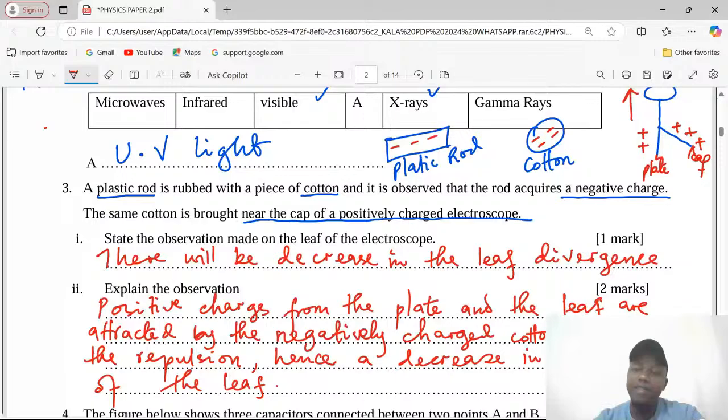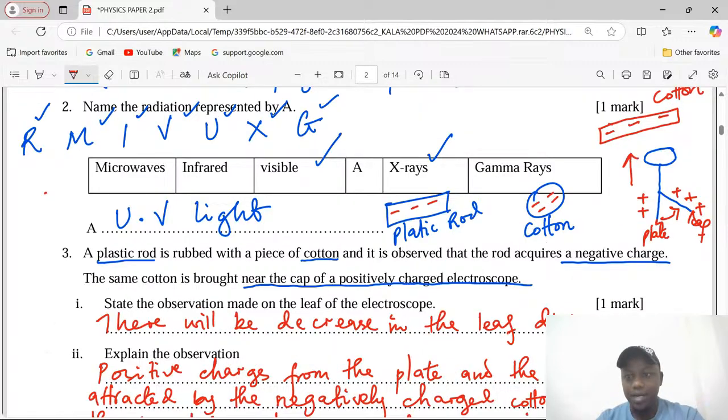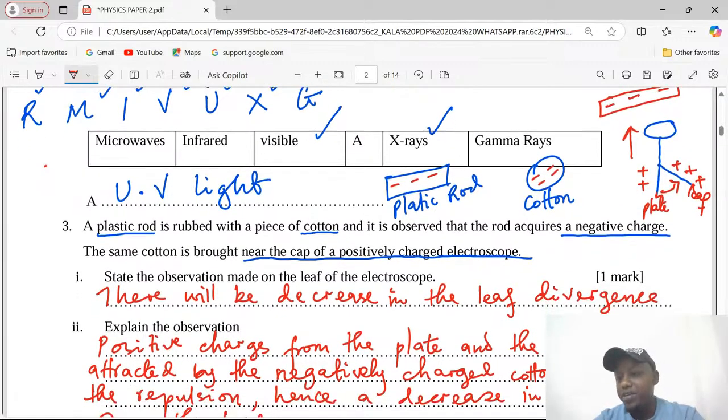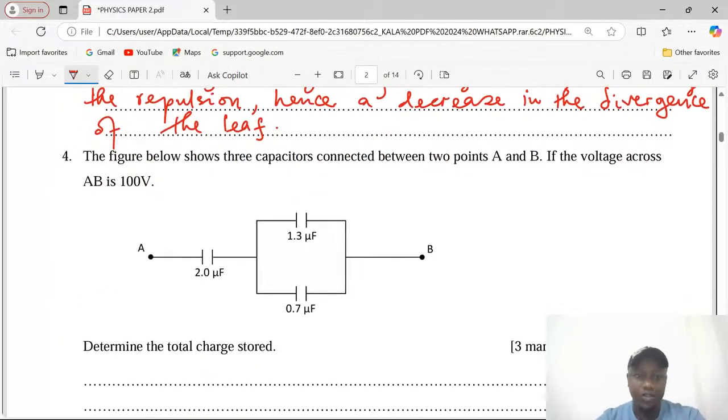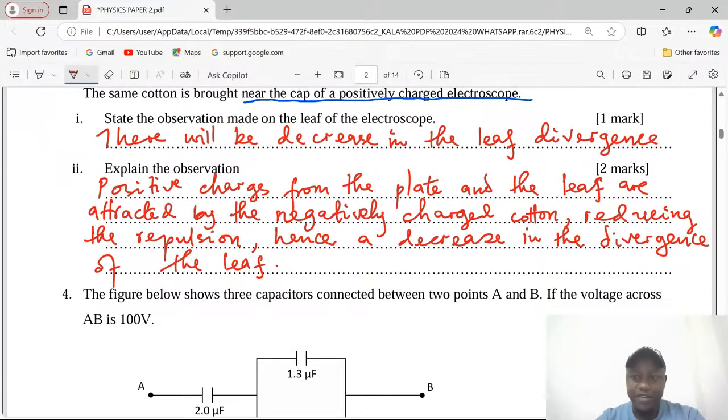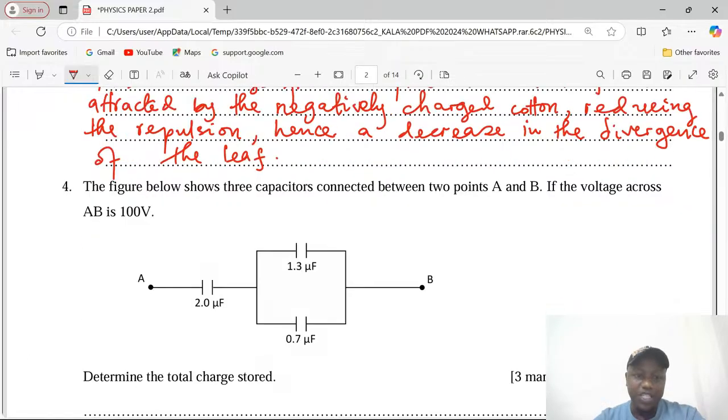The divergence here happens because of similar charges found both at the plate and also at the leaf. Now, when the positive charges are minimized by being attracted upwards, there will be reduced repulsion, and hence a decrease in the divergence of the leaf.